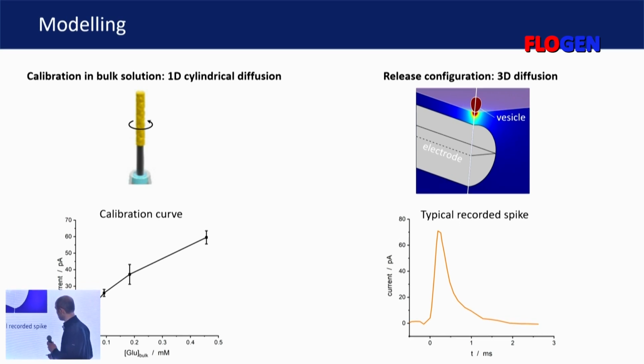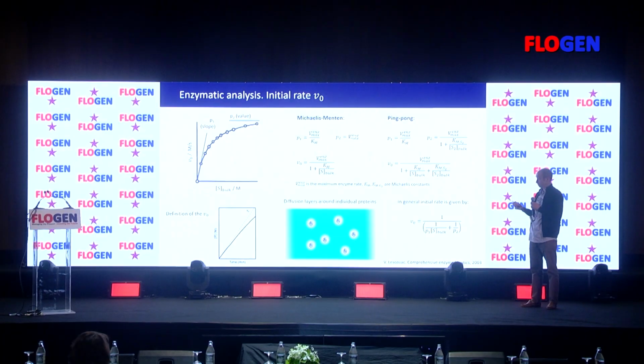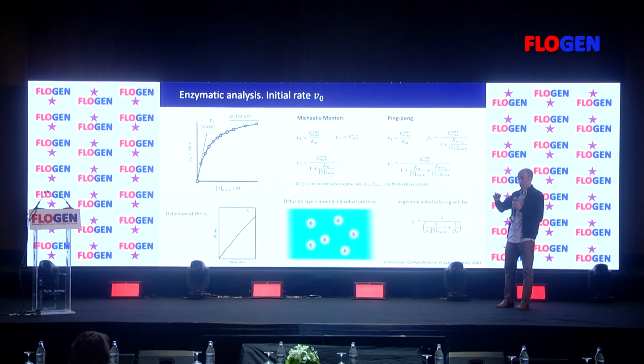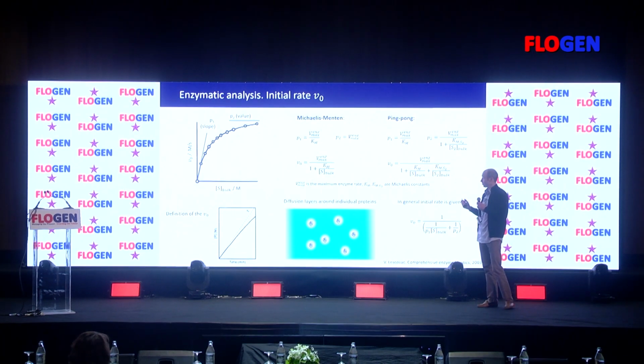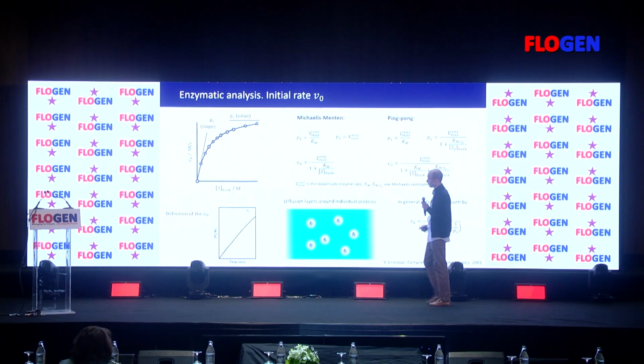I'm going a little bit forward, and there were two big problems which we had to solve, and one of them is related to the calibration curve, and in particular to the fact that very often in the literature the two types of analysis are confused. When enzymatic analysis is performed, it is generally performed with the enzyme just in the bulk solution, and what people measure is the initial rate.